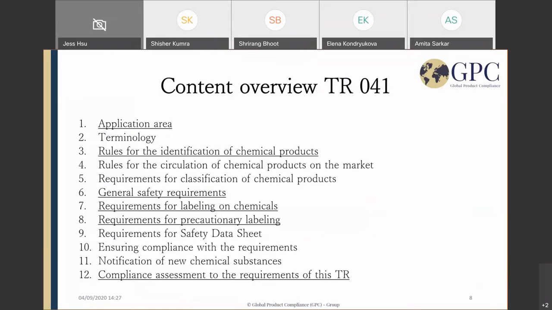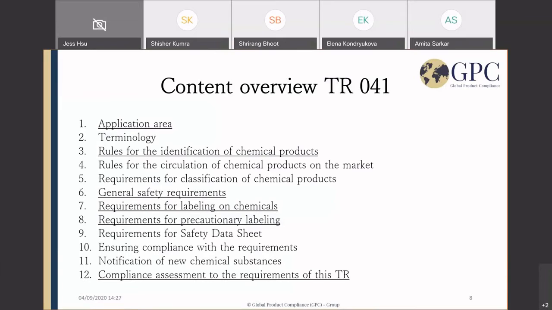So the content of the TR 041 is the following. There are 12 chapters in the regulation. As you can see, the ones that are underlined, we are going to discuss a bit more than the others. The content is the following.